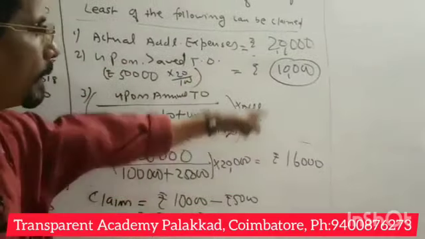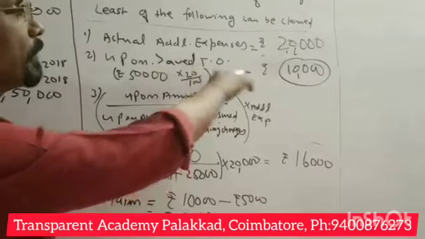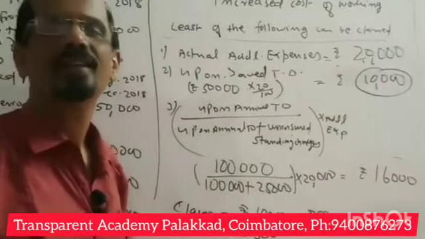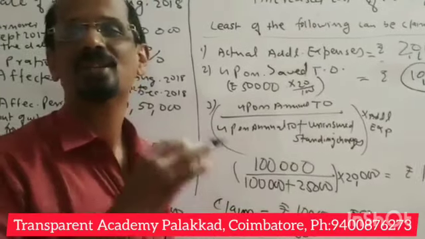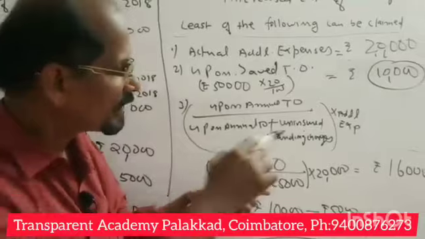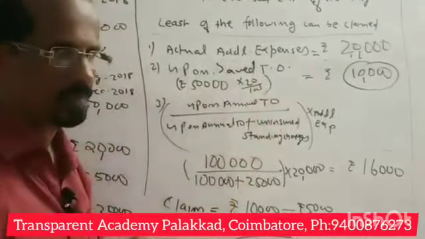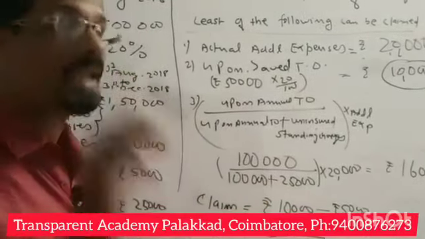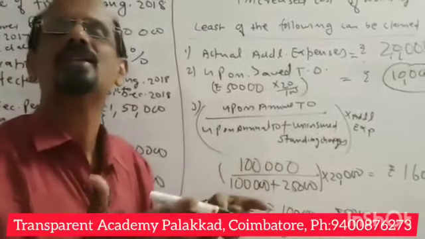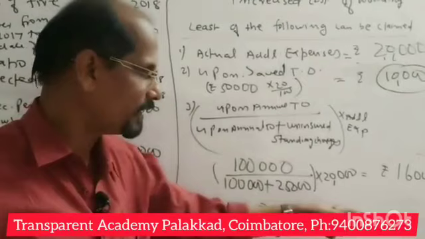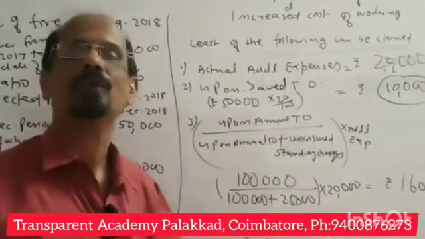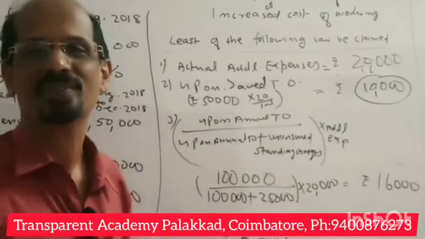Out of these three, the second one, GP on saved turnover, 10,000, is the least. That will be claimed as additional expense, from which the savings in standing charges of 5,000 must be deducted. Then you get 5,000. This is the ultimate claim for additional expense.